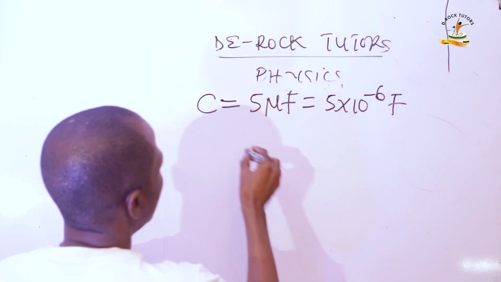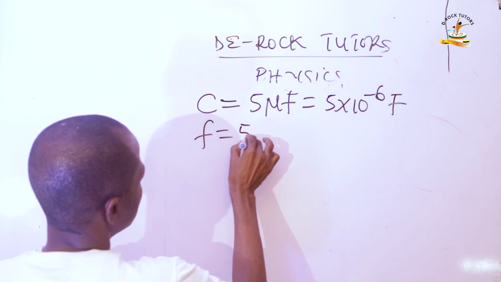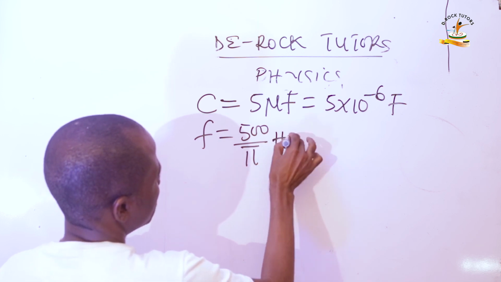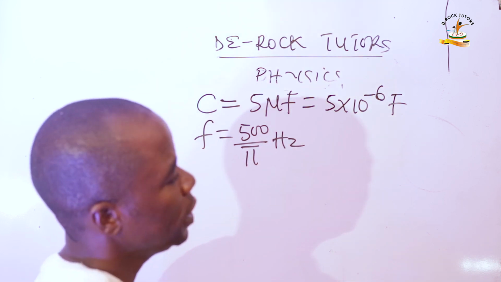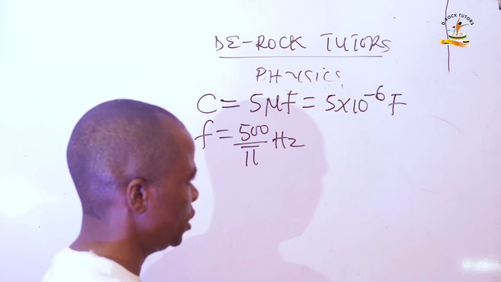And we are given the frequency to be 500 over pi hertz. Now that's all we need. Don't forget, we are asked to calculate the reactance of the capacitor, that is XC.